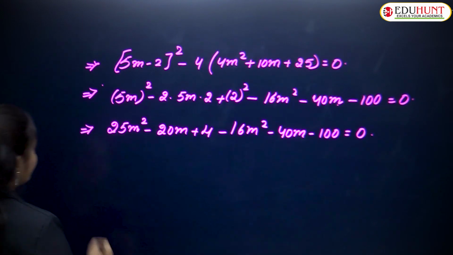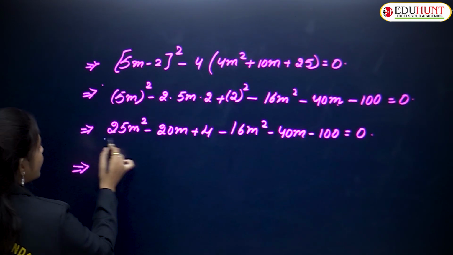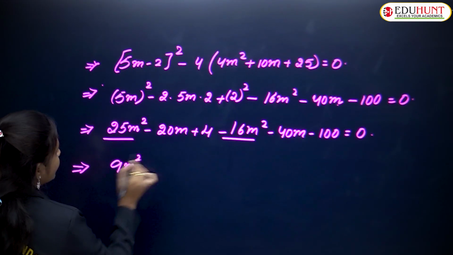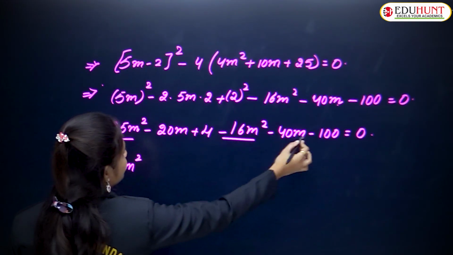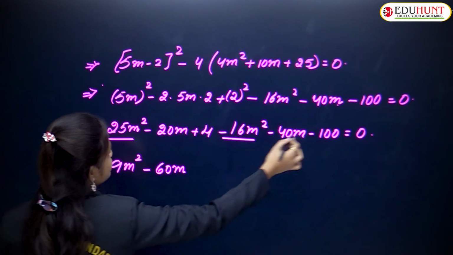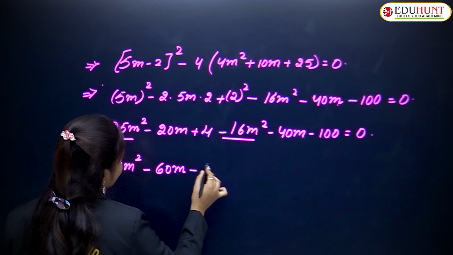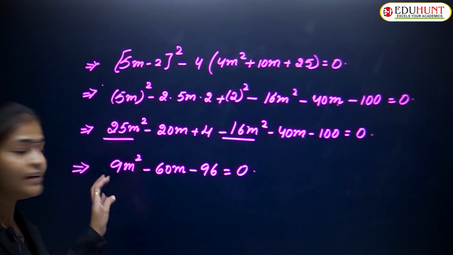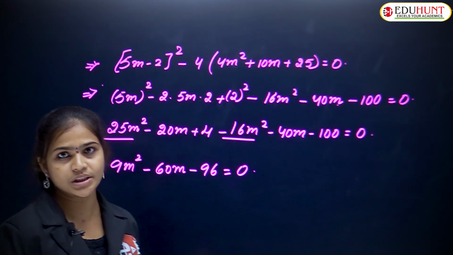Okay, now simplify the like terms. So 25m square minus 16m square is 9m square, and minus 20m minus 40m is minus 60m, plus 4 minus 100, that is minus 96, which is equal to 0. So finally we got this quadratic equation.